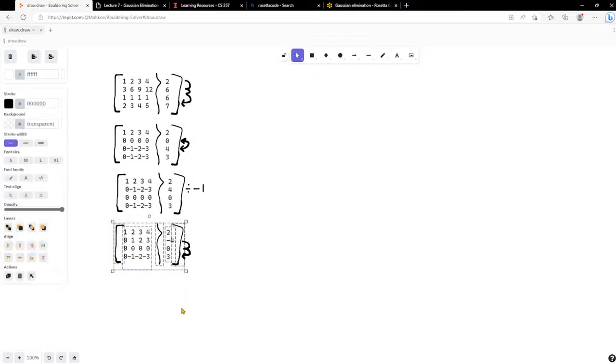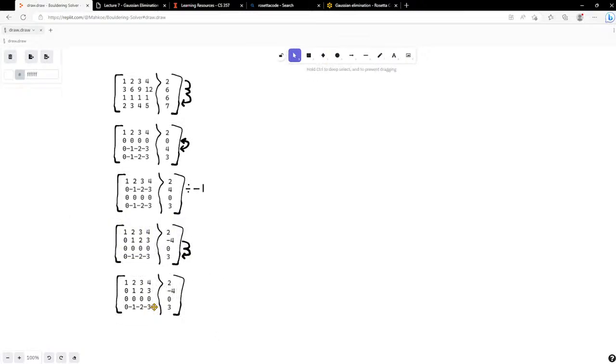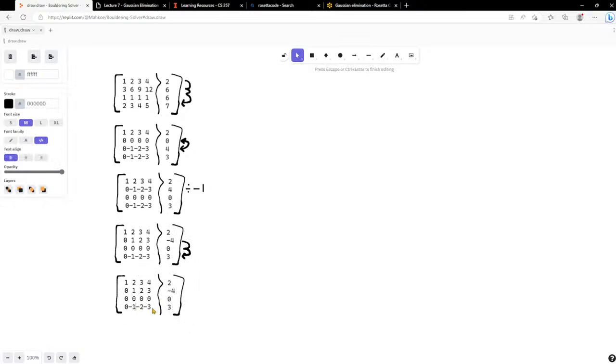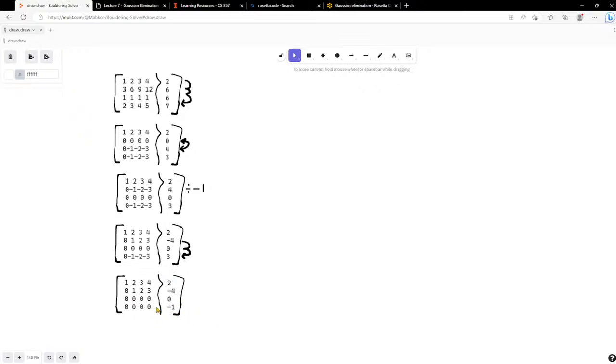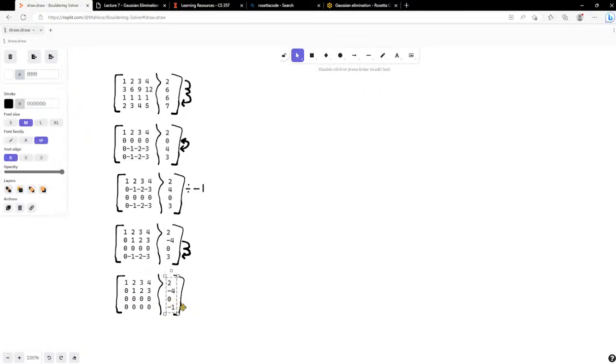So we don't do anything to that 3rd row, and then for the 4th row we add 1 times, and we just get this. Here the fact that this is all zeros and -1 means that there are no solutions, so let's just arbitrarily change the problem such that there are solutions.